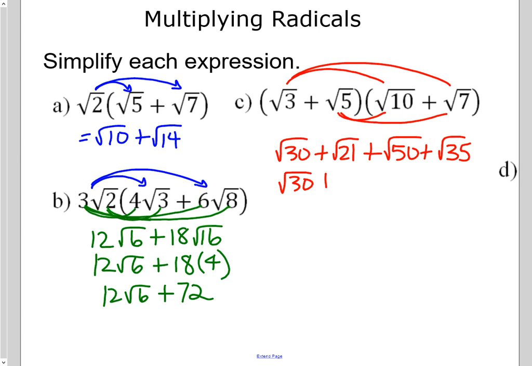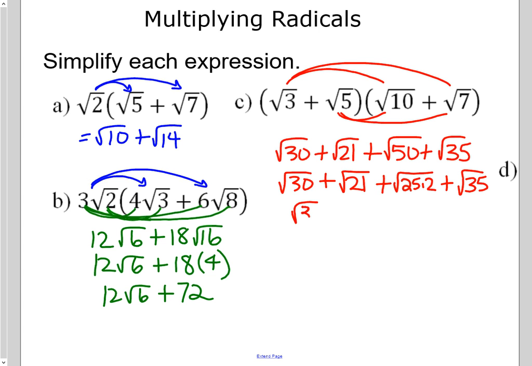So that's going to stay there. 21, so 1 times 21, 3 times 7, none of those are perfect squares, so I can't simplify that. 50, well, we've done 50 a whole bunch of times, so I know that's 25 times 2. And then 35 is going to be 1 and 35, 5 and 7, and that's it. So it's going to stay as the square root of 35.